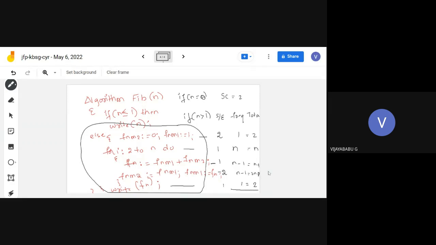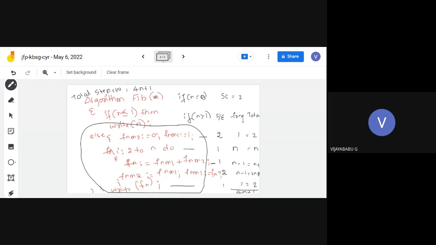So if you add all these things together, you're going to get 4n plus 1. So total step count for this algorithm is 4n plus 1.